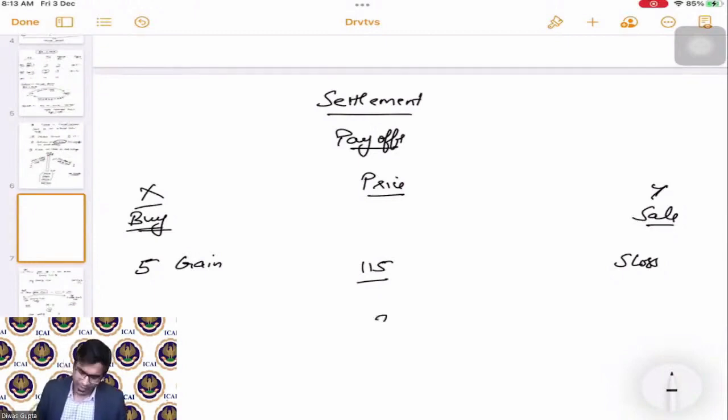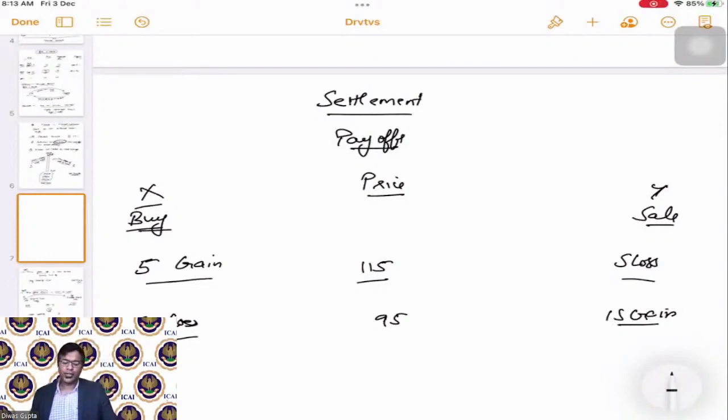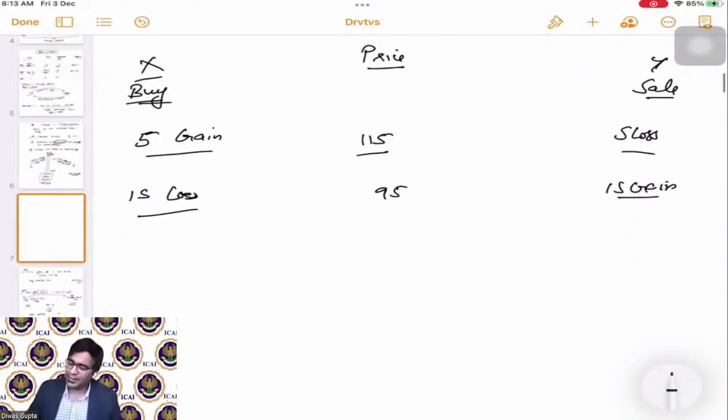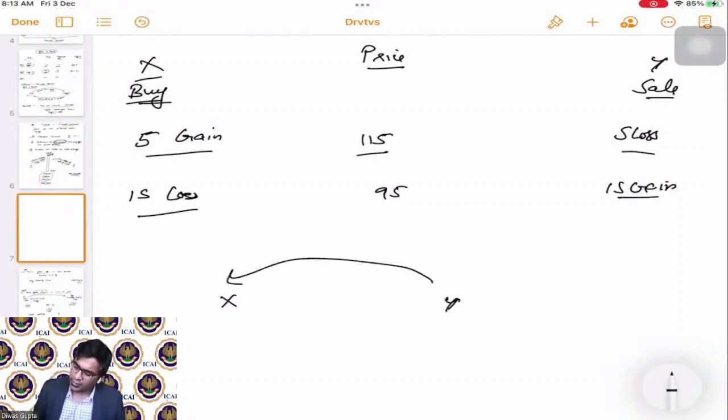Similarly, if the price is 95 here, 15 would be the loss here and 15 will be the gain here. Again, the same logic. So these are the net payoffs. Now, what will happen at the time of settlement? In case 1, X will receive from Y 5 rupees. I'm talking from the stock exchange point of view.